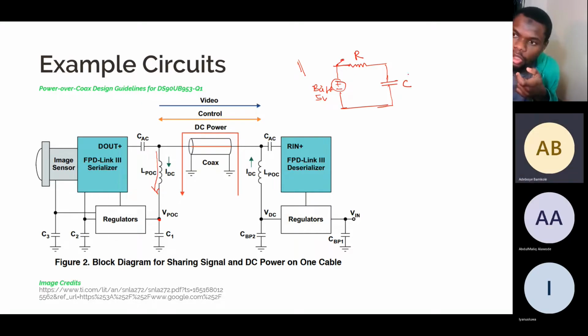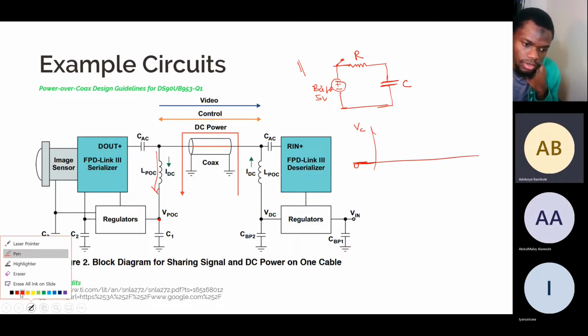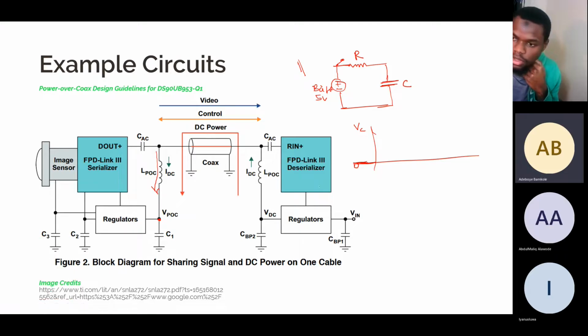When you close the switch, let's assume the capacitor was initially at 0 volts. Let me draw the voltage on the capacitor. So this is the capacitor voltage, and this is 0. Before you close the switch, the capacitor is at 0 volts. When you close the switch, the capacitor charges.